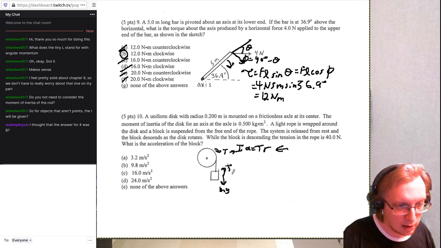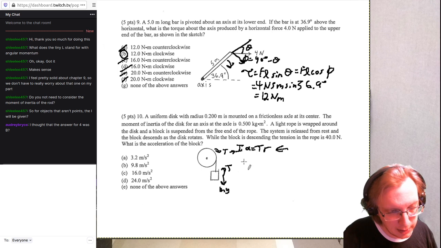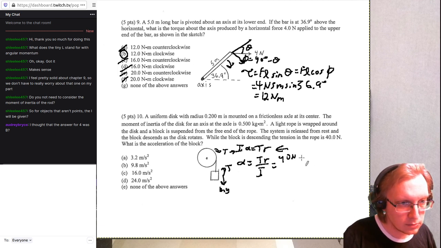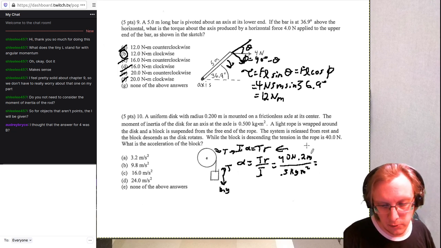I could go through all this information and do my algebra, but I can find that alpha is equal to TR over I. We are told T is 40 newtons, R is 0.2 meters, and I is 0.5 kilogram meters squared. So that works out to 40 times 0.2 divided by a half, which is 16.